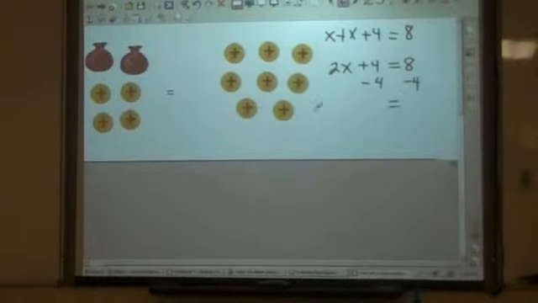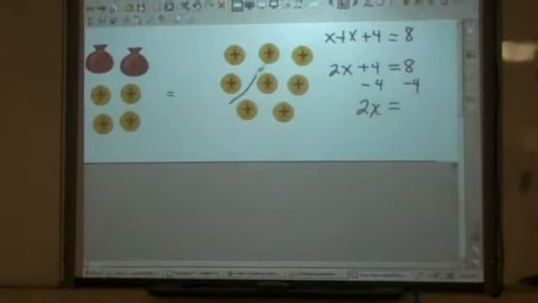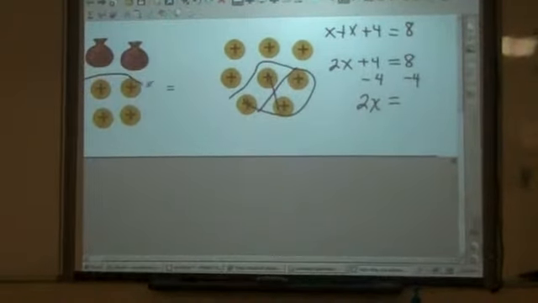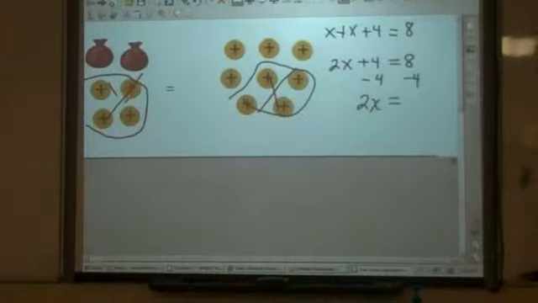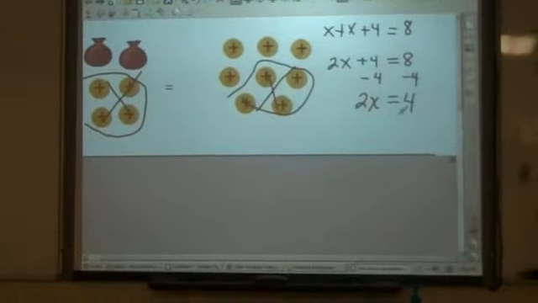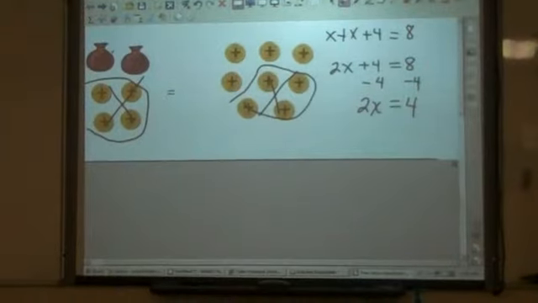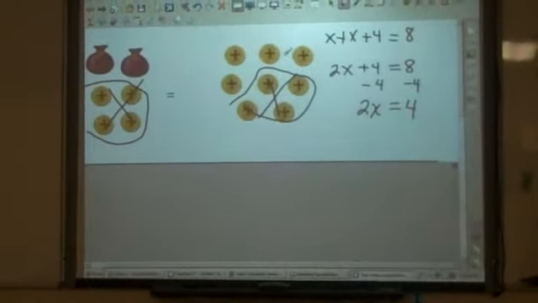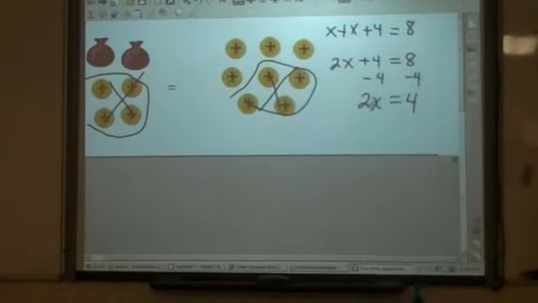Now that left me with my 2 bags left. And when these 4 coins were out, and these 4 coins were out, I ended up with just 4 coins. So to find out how many coins are in each bag equally, I divided these 4 coins into groups of 2.